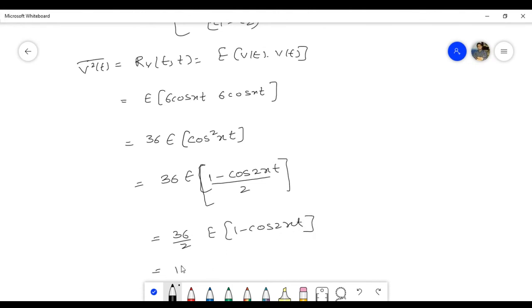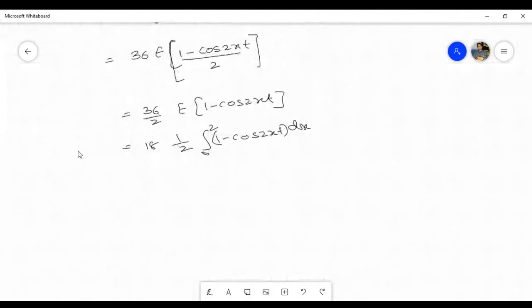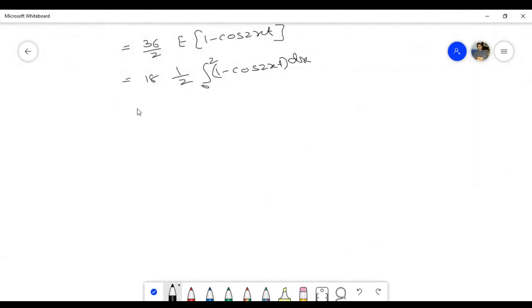It will be 18 times 1 by 2, integral from 0 to 2 of 1 plus cosine 2xt dx. Okay, so just solve the simple integration. It will be 9 times the integration of 1, which is x, plus sin 2xt by 2t, from 0 to 2.